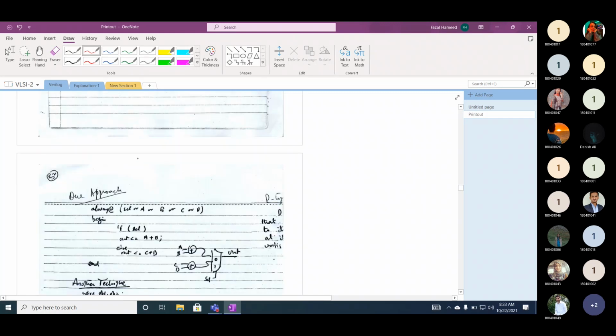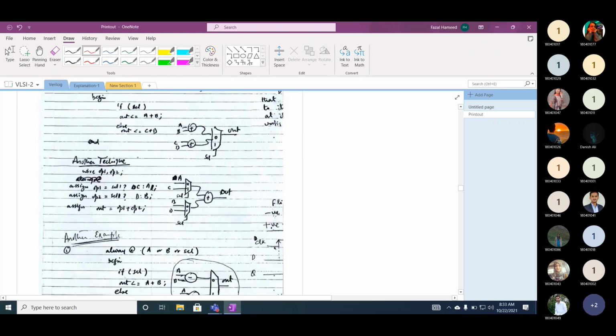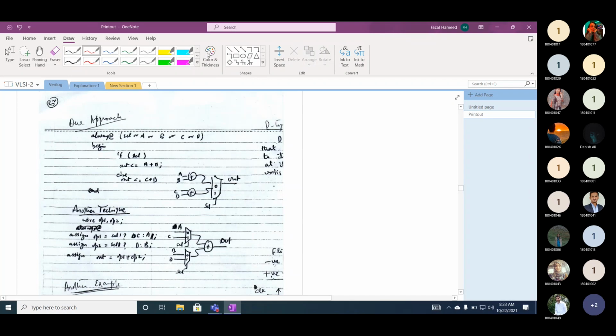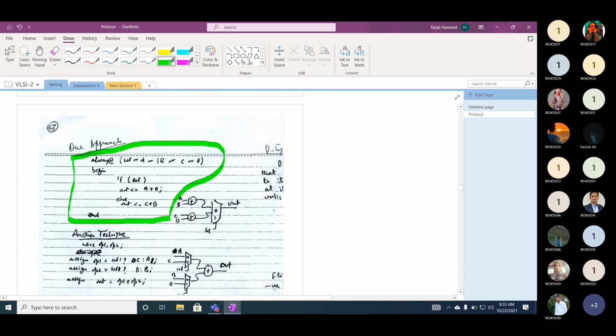Okay, before explaining ALU, I will explain two different implementations of the same hardware. Now let's assume that is the functionality. Can you see the code, always at A or B or C or D? Yes. If sel, out is equal to A plus B, and else out is equal to C plus B. What hardware will be inferred?